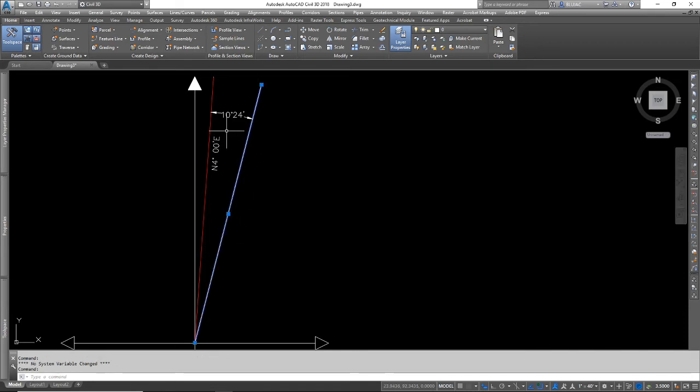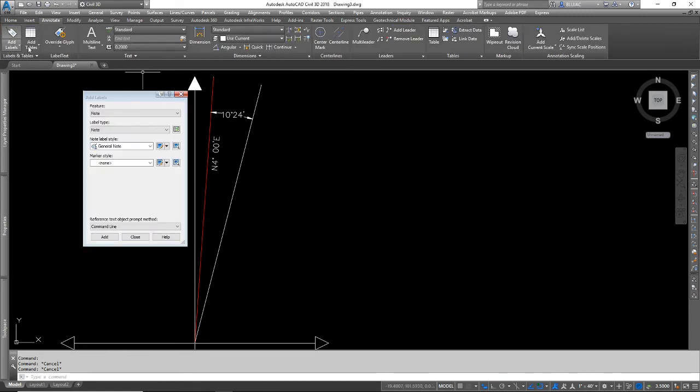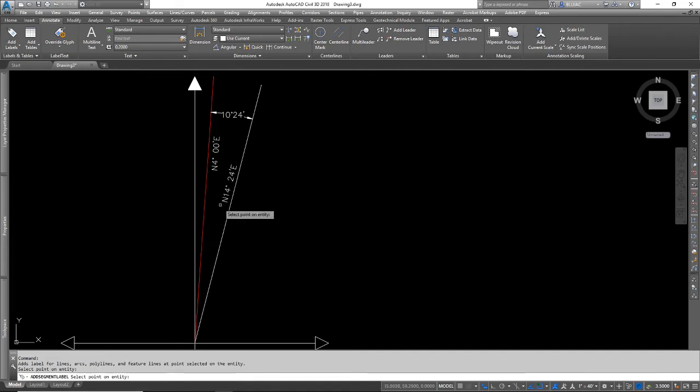In this case, the magnetic bearing for some line is north 10 degrees 24 minutes east. Let me throw a label on that line. I'm going to pick my line and curve and do a bearing only. So here is the bearing.